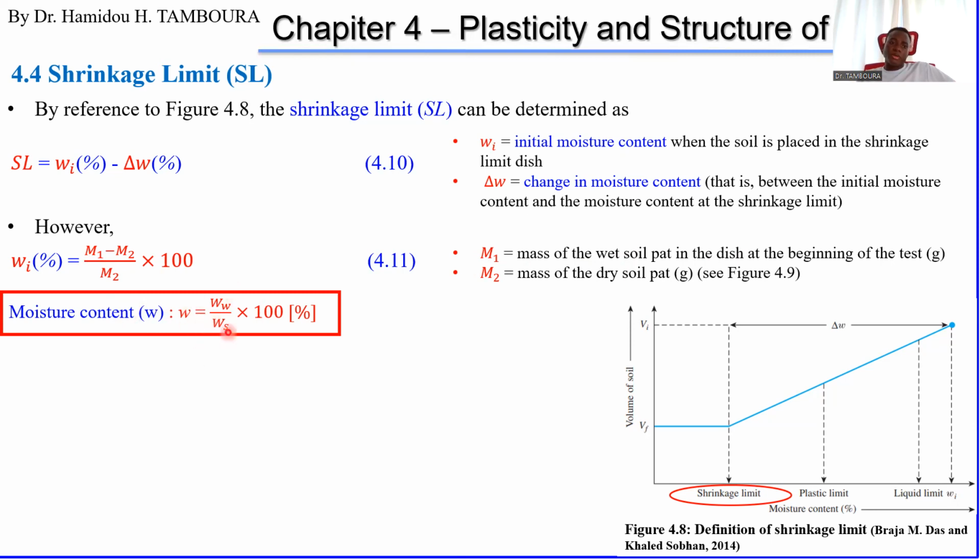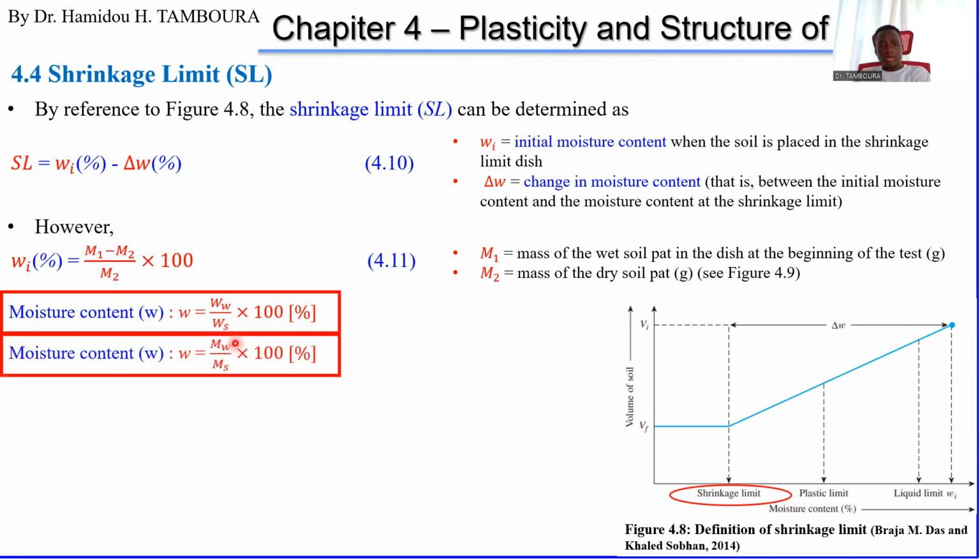The formula of moisture content or water content is weight of water divided by weight of the solid soil, WS, the solid part of the soil, the soil particles. And you can also obtain the water content using mass.